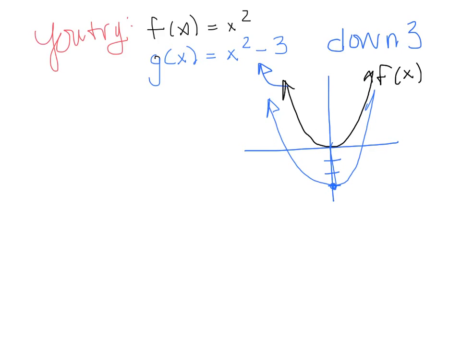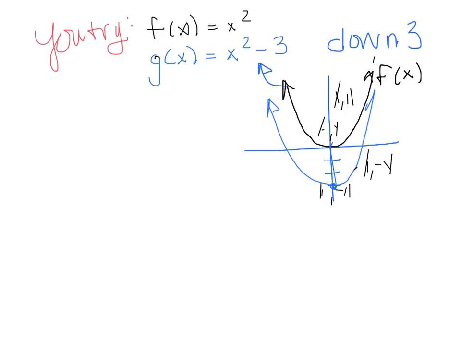Now I might want to put some values on this. Remember, you could do a table of values. That's not hard. Or you could just remember the original parent was 0, 0. So if I took all the y values down by 3, so subtract 3, that becomes 0, -3 on the new one. What used to be 1, 1 on the original graph, subtracting 3 from y, I get 1, -2.